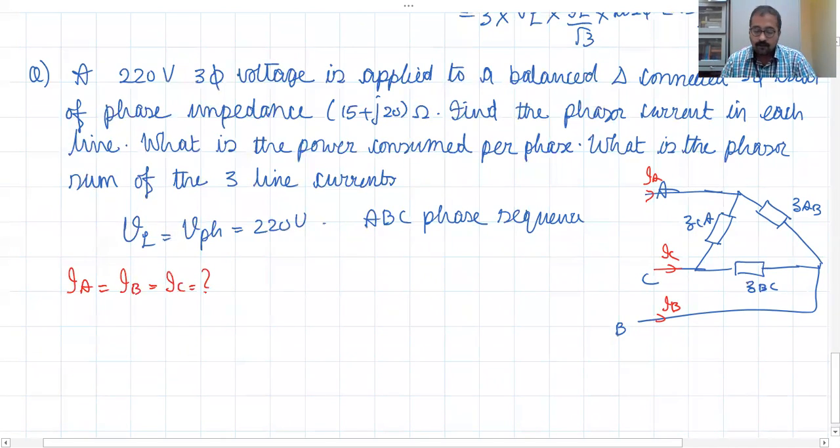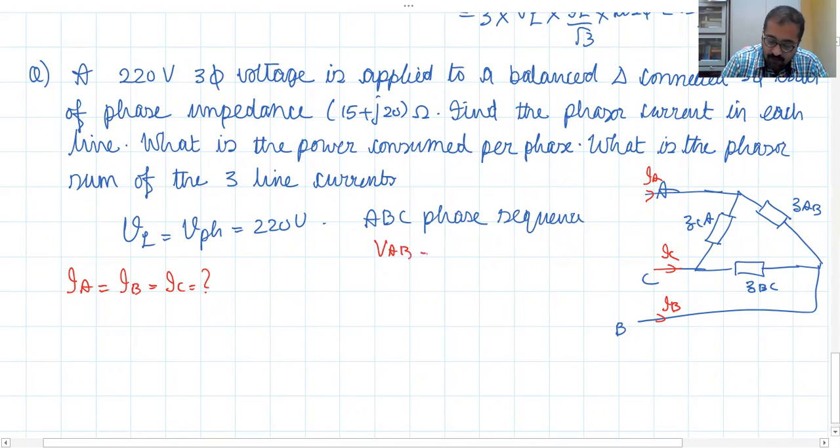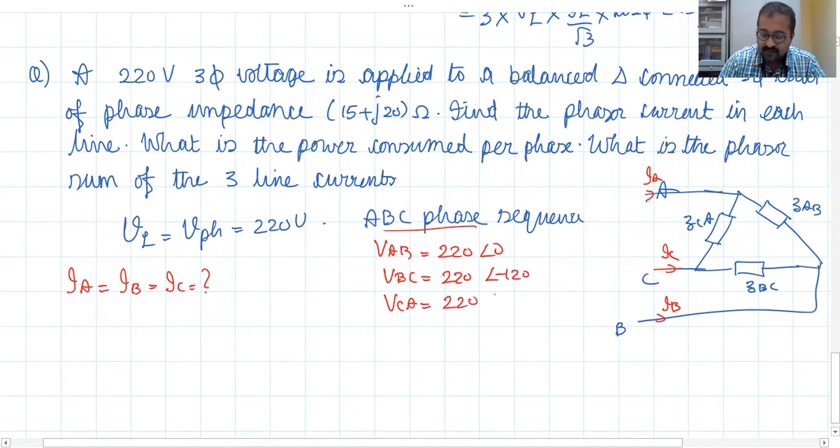So how can we find the line currents? We know the line currents are related with the phase currents. So if you can find the phase current, then you can calculate the respective line current. We know the value of phase voltage. So let us take phase voltage VAB, that will be 220 angle 0. VBC will be 220 angle minus 120 for ABC phase sequence, and VCA will be 220 angle minus 240 volts.